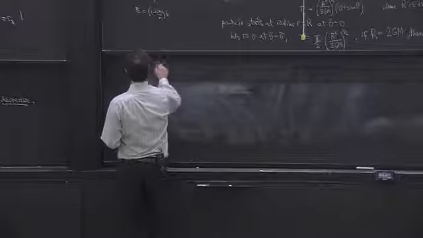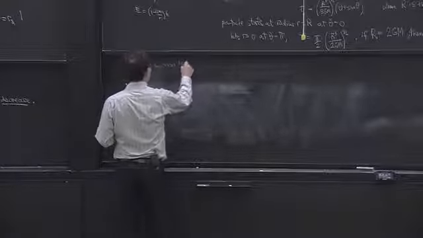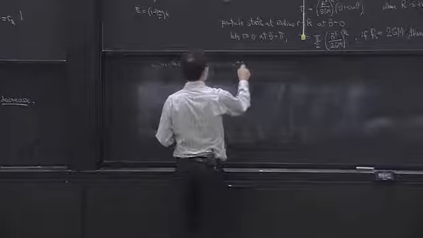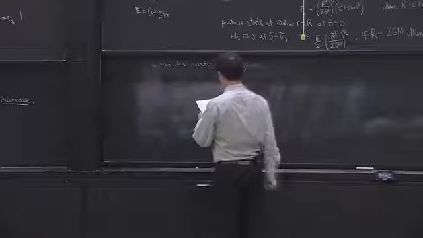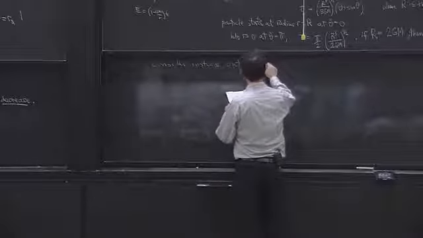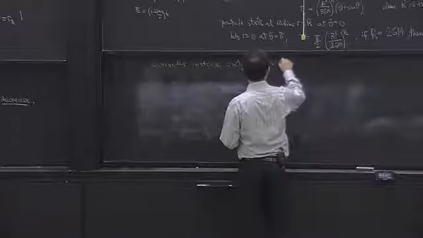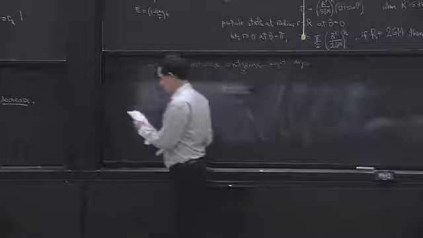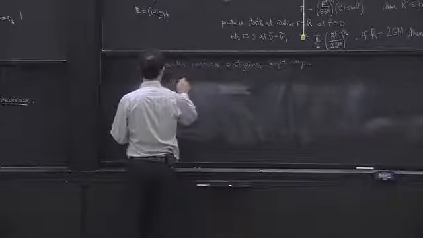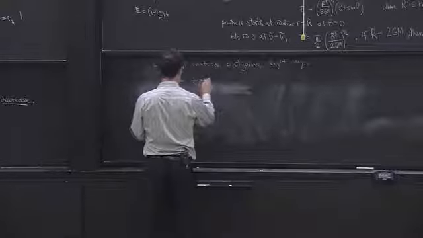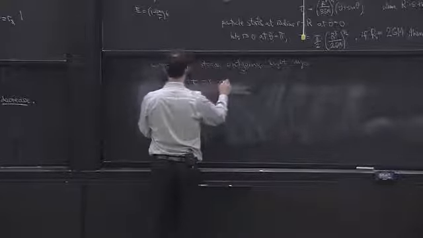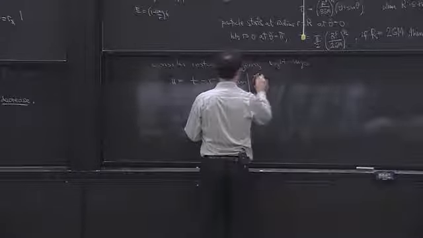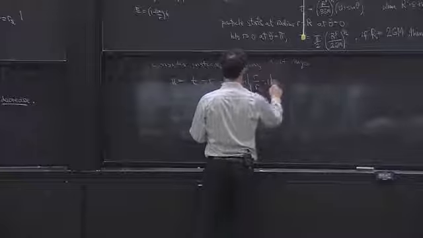Okay, so now let's consider instead outgoing light rays. And in the same way, we define U to be t minus r minus rs log modulus of r over rs minus 1.